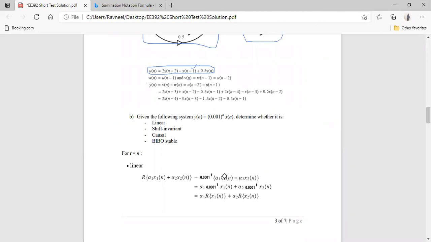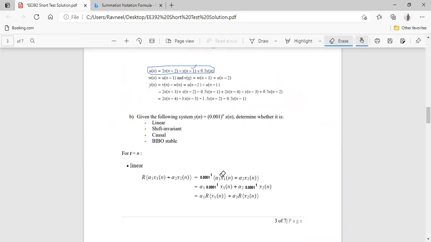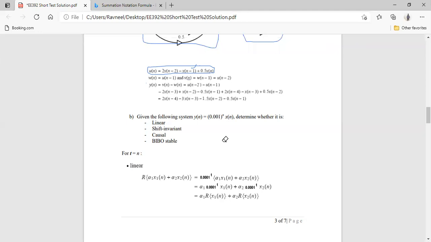That is y1 of n, which is what we have over here. And then y2 of n is basically the same thing multiplied with a2, that is another constant, times x2. Then y of n is equal to y1 plus y2.